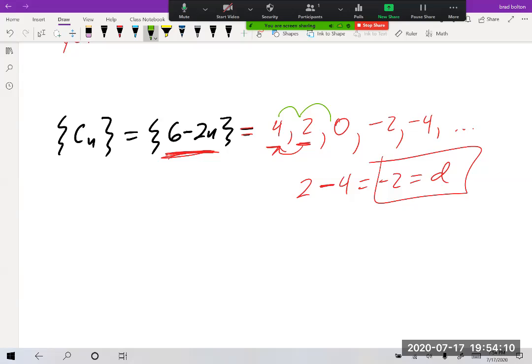To go from here to here, I had to subtract 2, subtract 2, subtract 2, subtract 2. So I already know the next term will be negative 6 without even doing the math for it, okay? So this has a common difference of negative 2, and yes, arithmetic. And again, it's kind of easy to recognize because it looks like linear, okay?